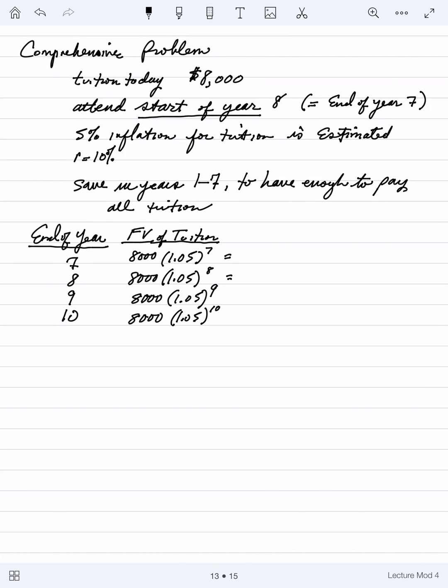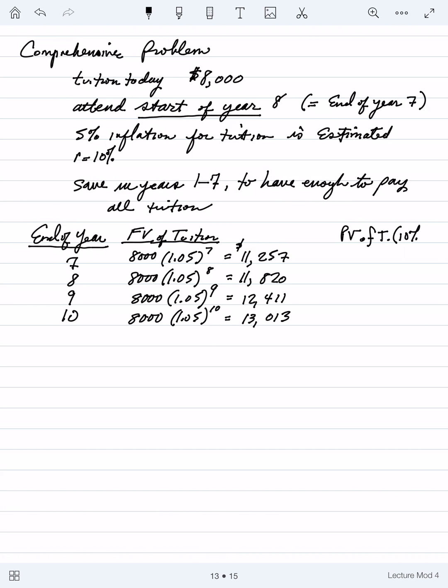So we get, and this is straight off my spreadsheet, 11,257, 11,820, 12,411, and 13,013.